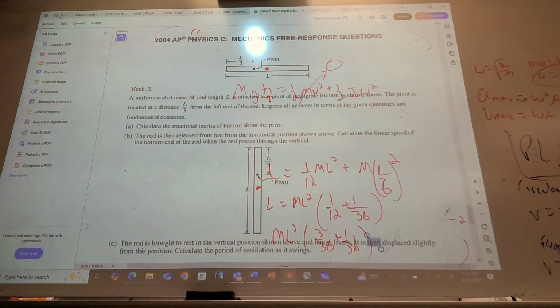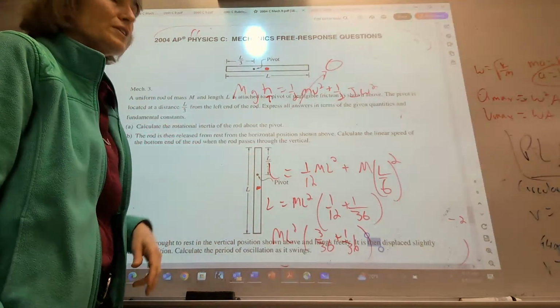How much did the center of mass fall? Anyone? Yes, L over 6. It has fallen this far, L over 6.